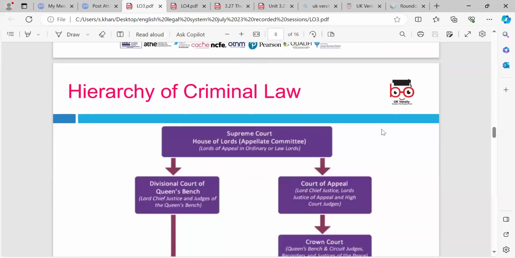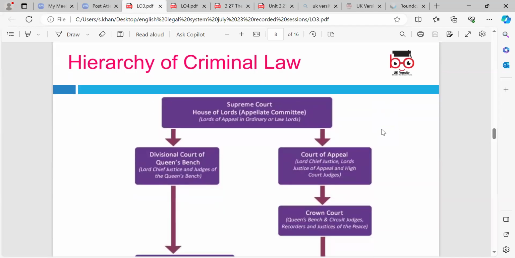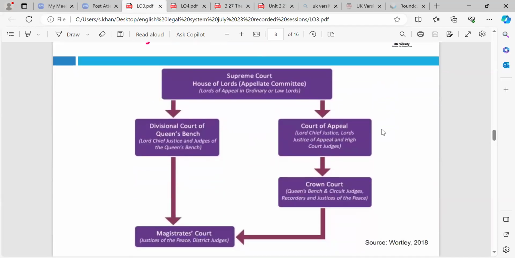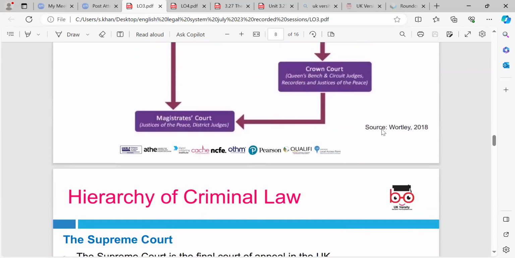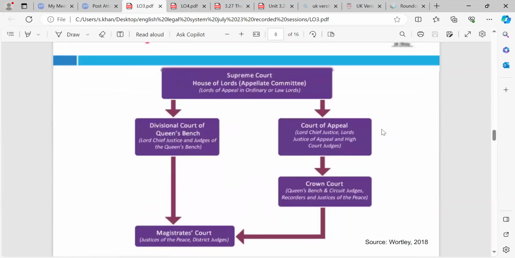So now we're going to go on to look at the hierarchy of criminal law. So you've got the Supreme Court at the top, and then you've got the Divisional Court, the Queen's Bench, and then you've got the Magistrates Court, the Court of Appeal, and the Crown Court. So the Supreme Court is headed by the Lords of Appeal or Law Lords.